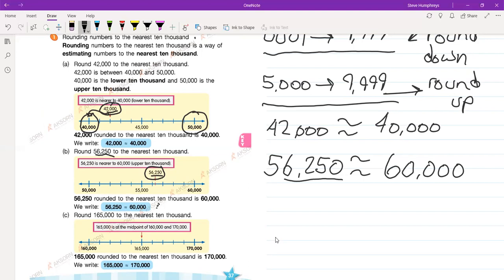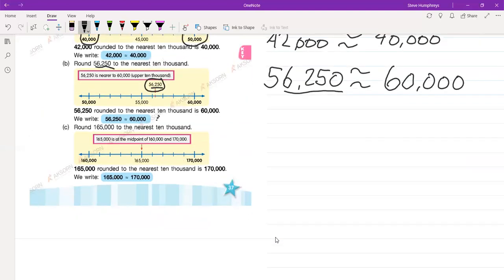And example C. 165,000 is your number. It's at the midpoint between your lower 10,000, 160,000, and your upper 10,000, 170,000. Last 4 digits are 5,000.